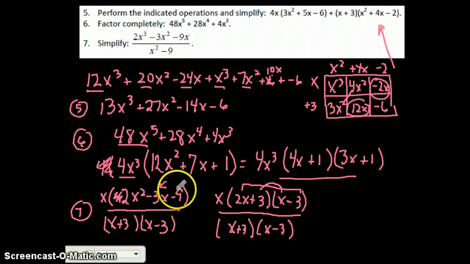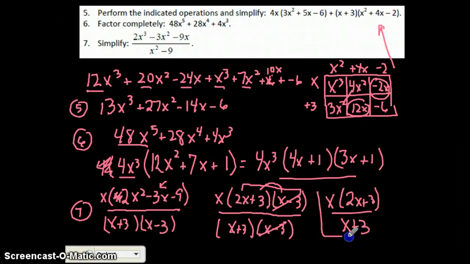So keep that in mind. All right, now that I've got it factored correctly, is there anything else that will factor out? Yes, this wipes out. So final answer, x times 2x plus 3 over x plus 3. Okay? So that would be my final answer. I would box that and just move on.